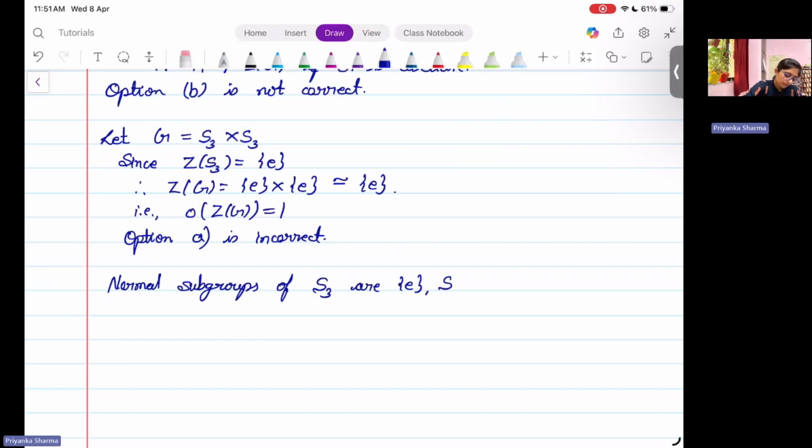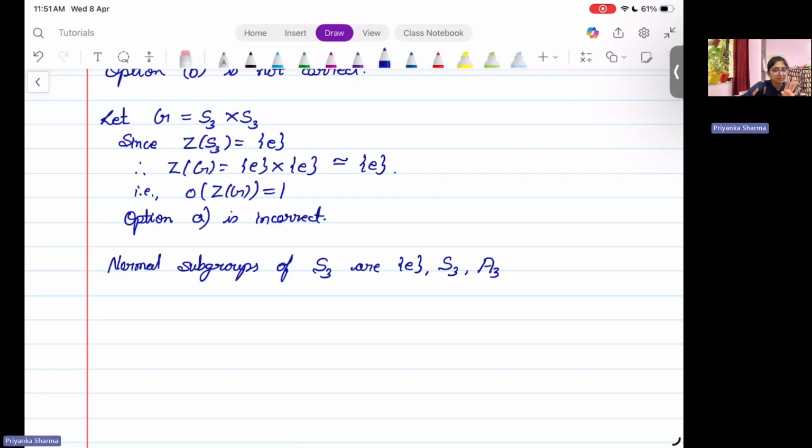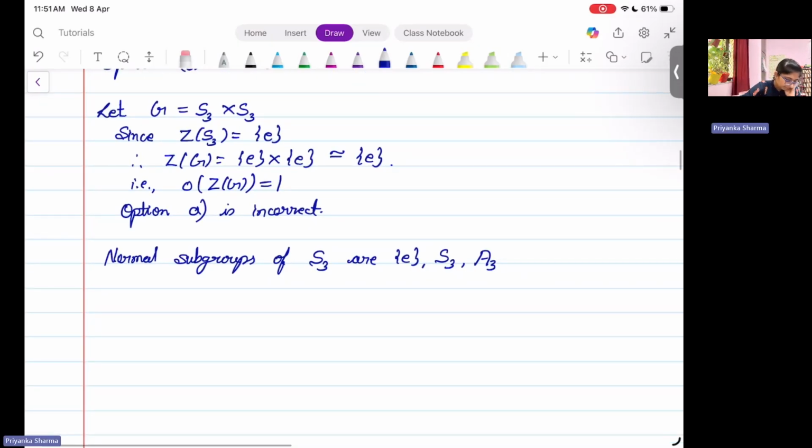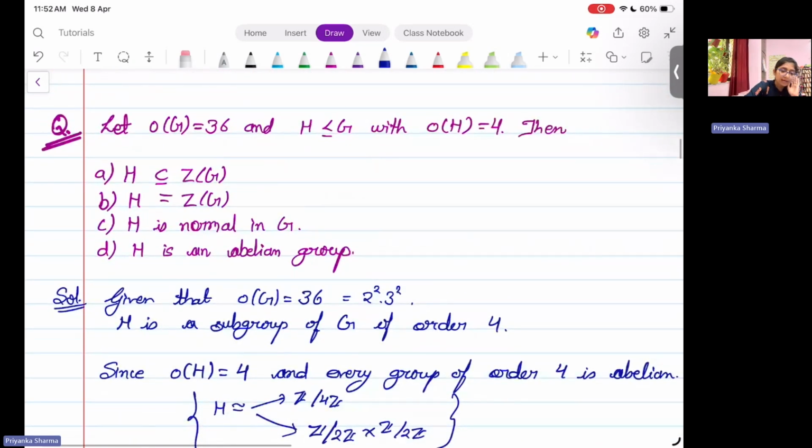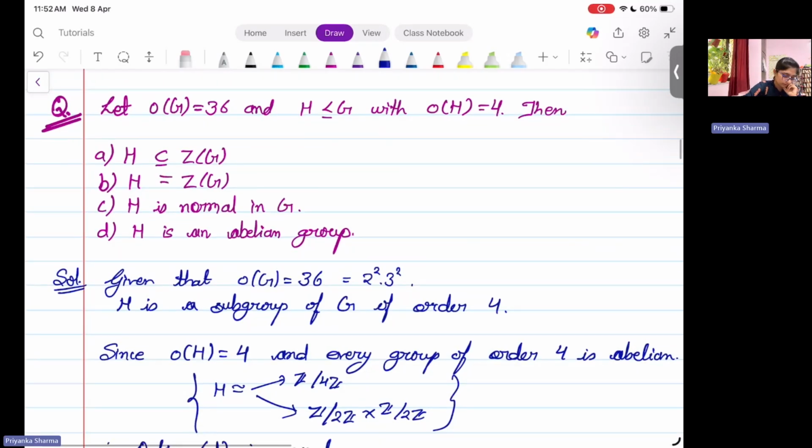Identity, S3 and A3. Actually, to discard this, we need a subgroup of order 4 which is not normal.